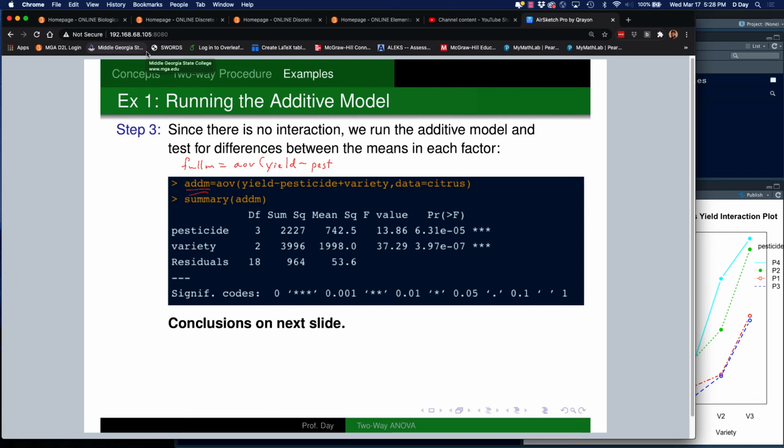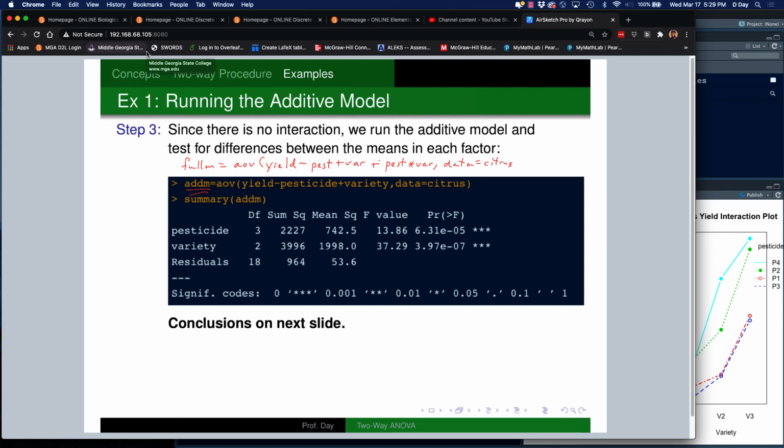I'm just going to call it pest plus variety plus pest, not pet, pest. Come on, man. Pest times variety. All right. Data equals citrus.